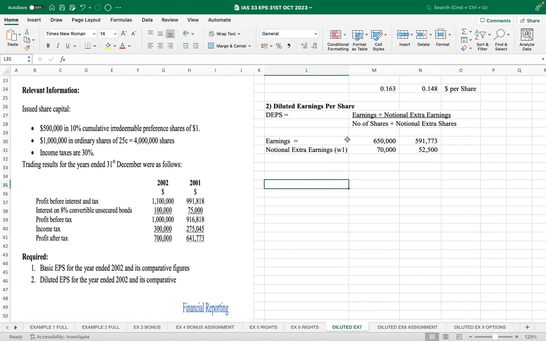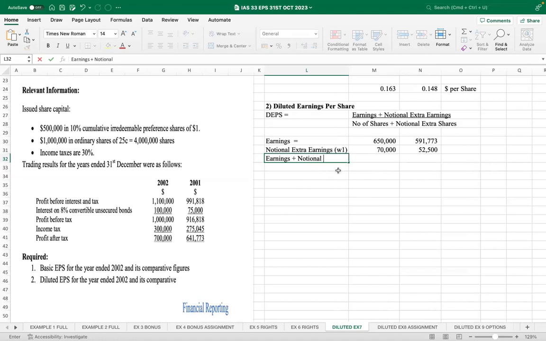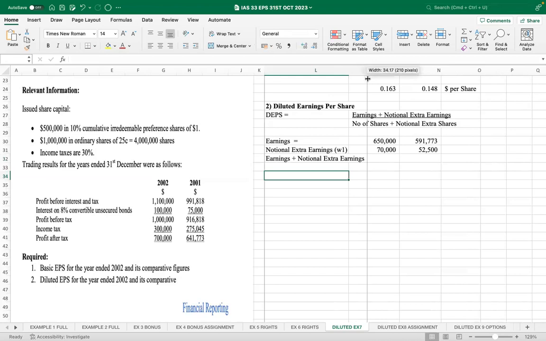So what is our adjusted earnings? The numerator. So what is our earnings plus notional extra earnings? Earnings plus notional extra earnings.